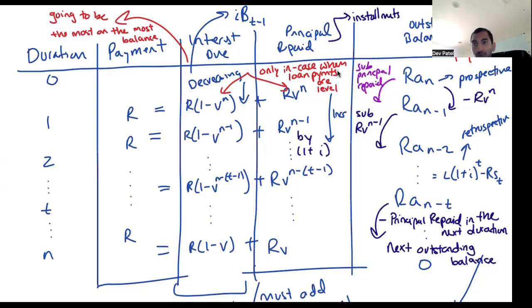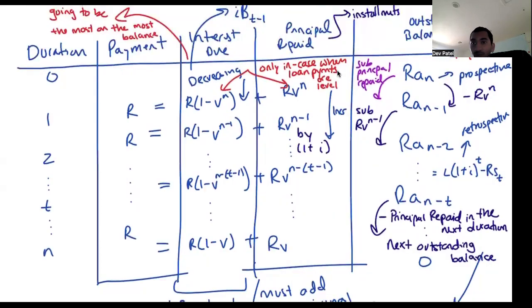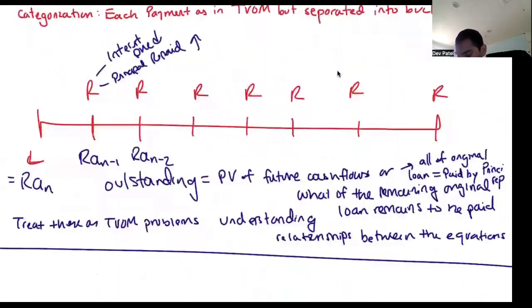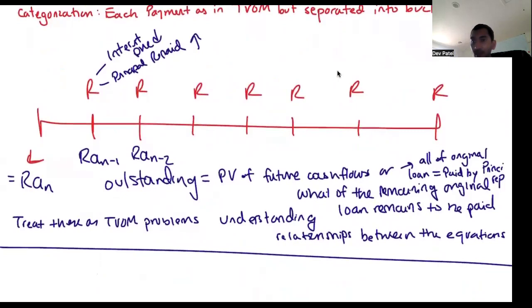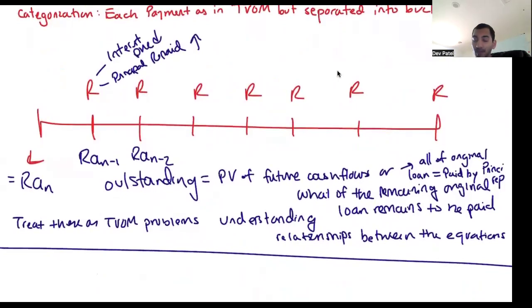So each payment that you pay is broken down into two categories. In this time diagram here, you can see that at each time step, when you pay an amount R, that amount is split between two categories: the payment that you're making for the interest and the payment that you're making for the principal amount repaid, or the amount that you're paying back for the original loan.